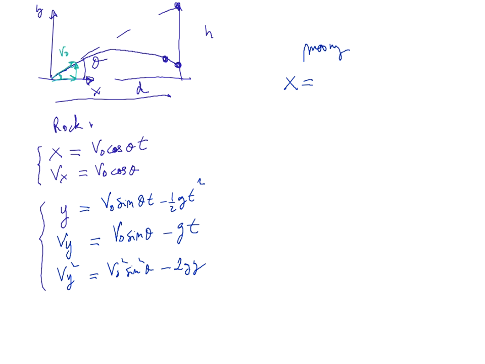As you look at your diagram, the mongoose is going from this point to that point. As the mongoose drops from rest, from here to where it's going to be hit, is its x coordinate going to change? Obviously not. Excellent.